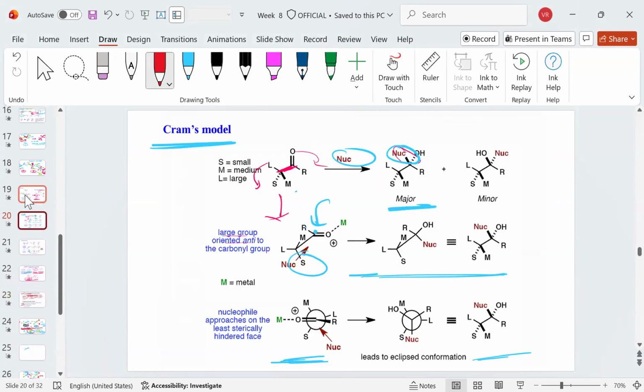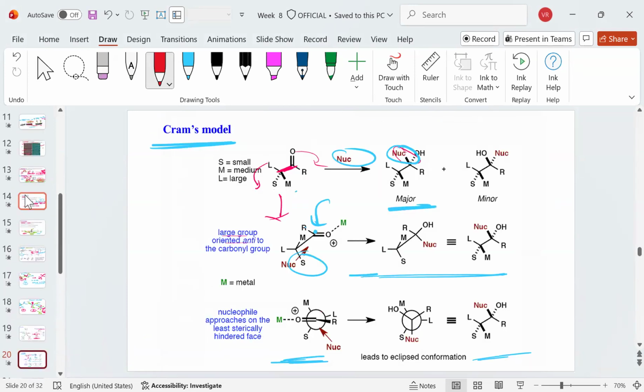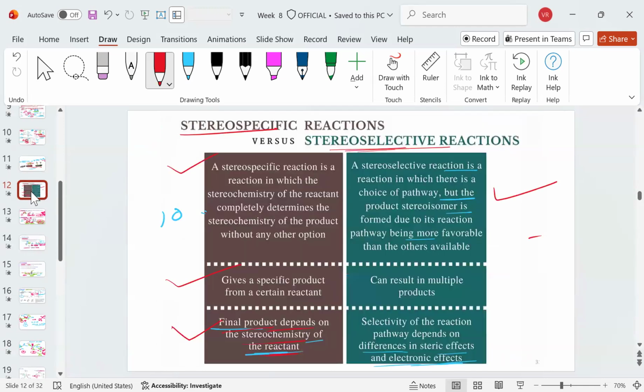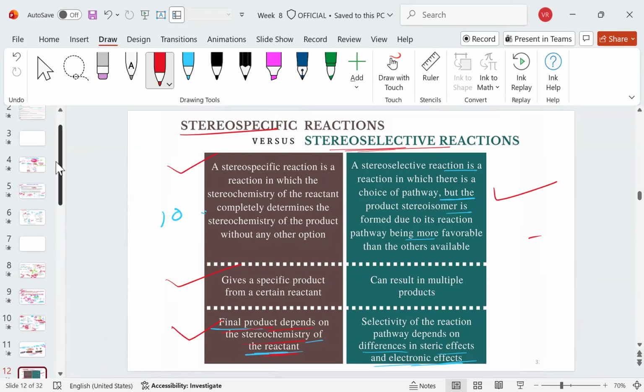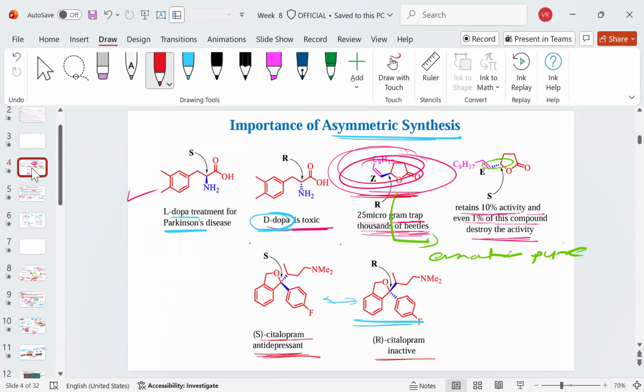This is slide number 19, na? Okay, sorry. Regarding the stereospecific and stereoselective reactions as well. Yeah. Okay, if possible, sir, can I quickly have it? I changed my device. I could not give proper attention.